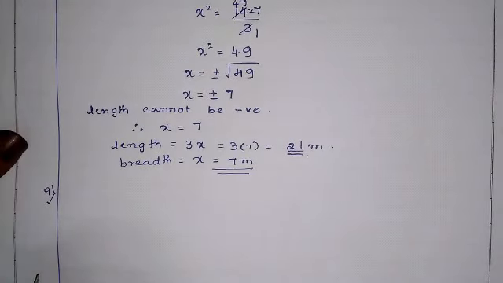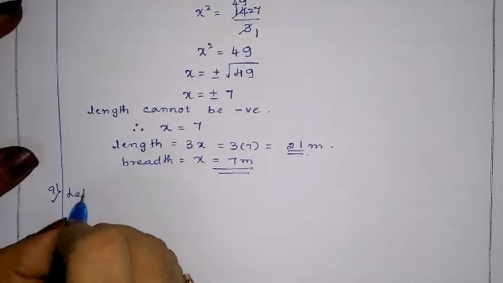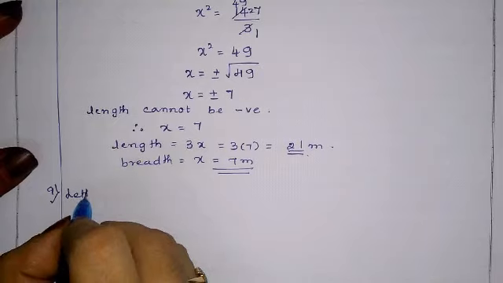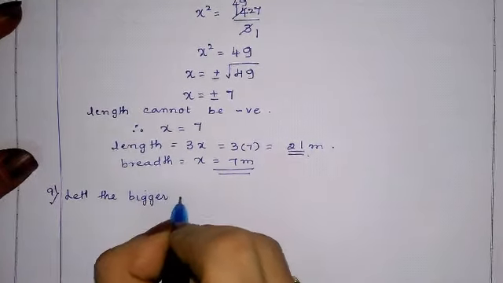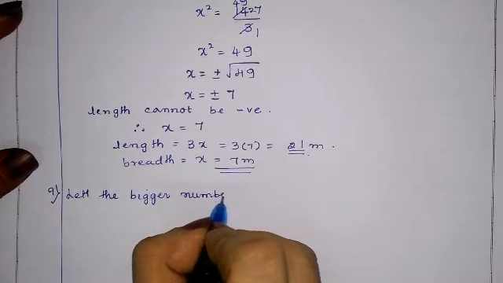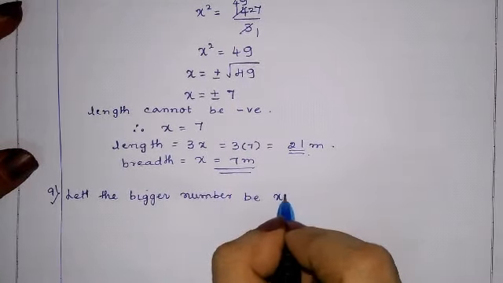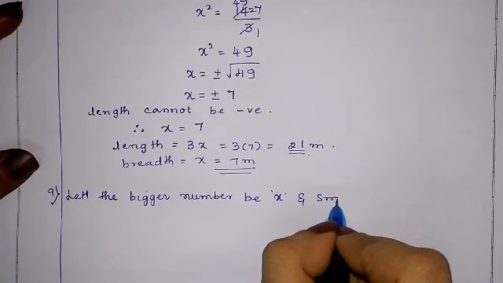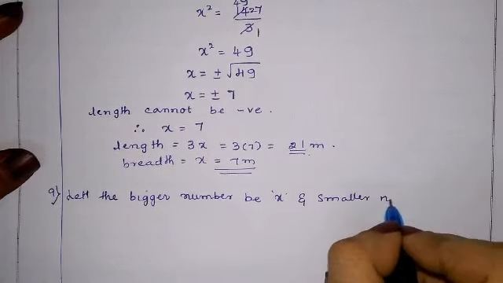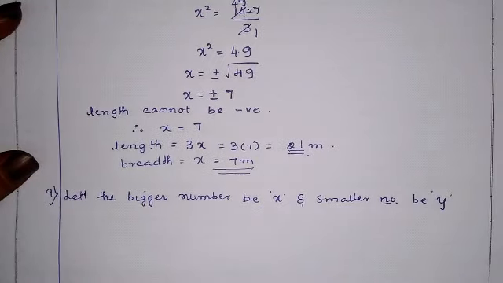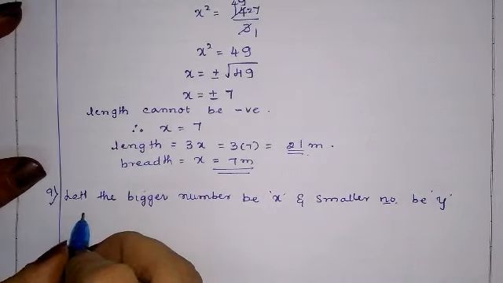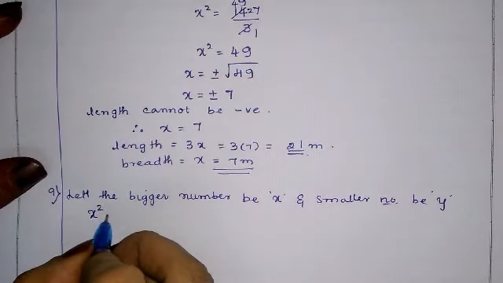So what we have to assume: let the bigger number be x and the smaller number be y. According to the condition, the sum of squares of two numbers is 180.